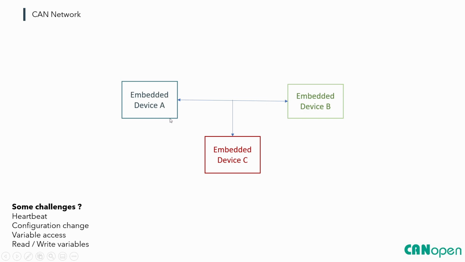It generates that CAN packet using the ID that we provided, and transmits it with a certain ID and certain data onto the line. Then the others, device B and device C, receive that information and tell the MCU, I received a packet with this ID and this data in it, and the CRC was okay, so you can use that information.